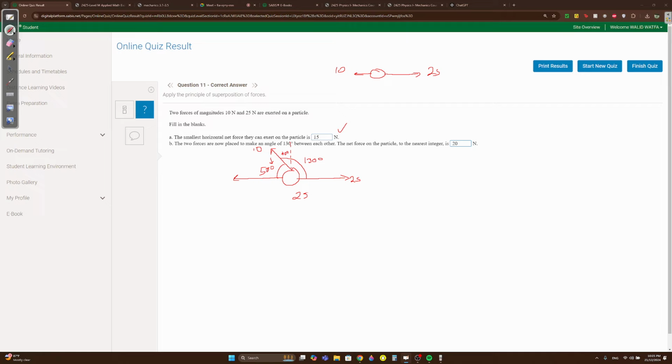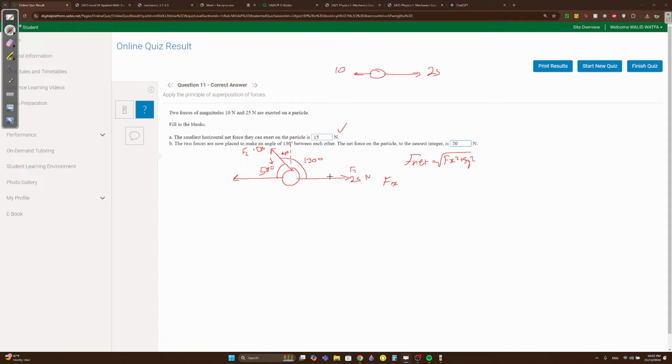Now you can easily solve this. 25 stays 25. They want the net force. The net force F net is equal to root fx squared plus fy squared. Easy. So how do we find fx? Let's call this f1 and this f2. This is 10 newtons and this is 25 newtons. So f1x, how will you find it?